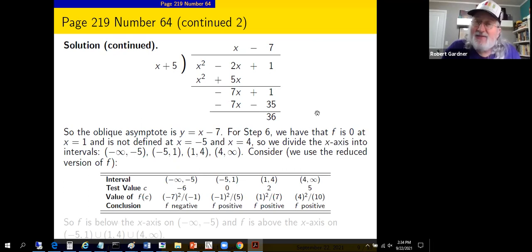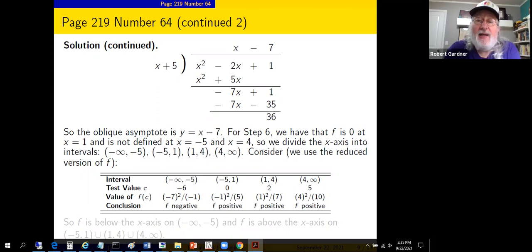Had they only asked us inequality stuff, we could have ignored a lot of this asymptote stuff and dealt simply with this chart. But this illustrates graphing one more time for a rational function, an exotic rational function, because of that behavior at x equals 4. So we'll take the points we have above, which were -5 and 4.